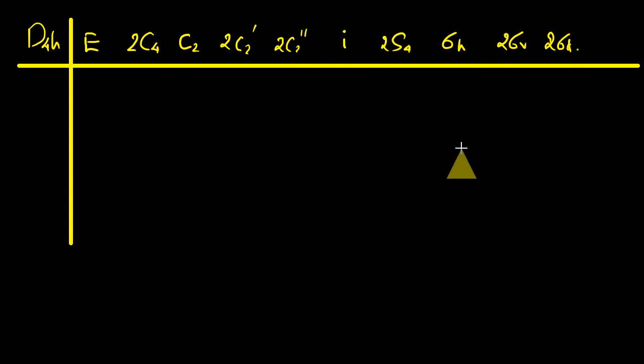So I am going to calculate the total character corresponding to 3n degrees of freedom.